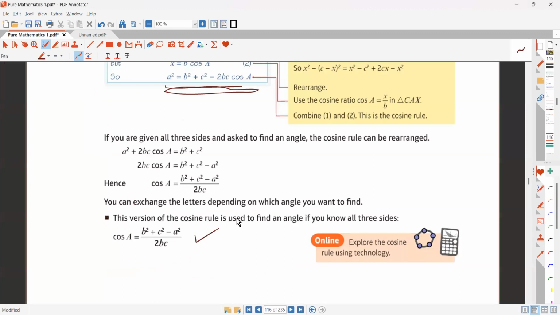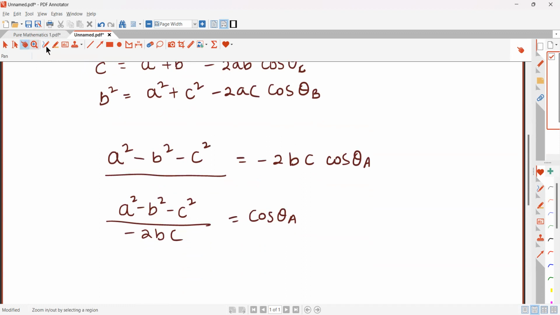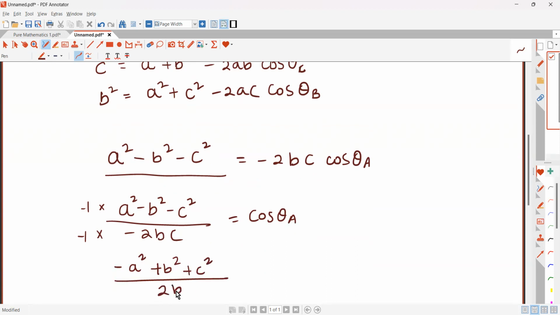Understood? Yes or no? Now, if you multiply by minus 1 on both the numerator and denominator, don't you think your A square becomes negative? Your B square becomes what? Positive. C square becomes what? Positive. And this becomes what? Positive. You can write it like this also. Both are correct. It doesn't matter. Is this understood? Write it down.